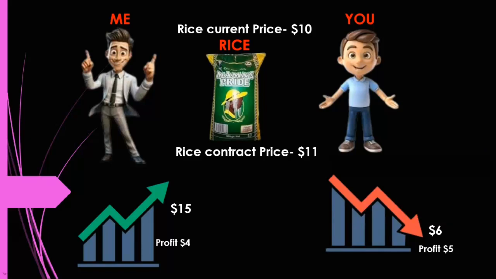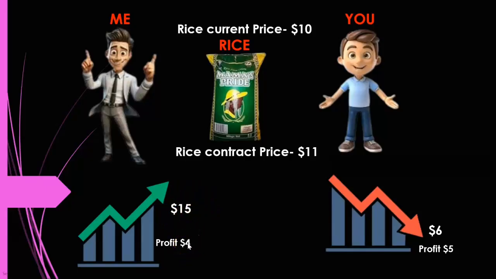Now let's assume that the price of rice went up to $15 in December. Don't forget that we have already signed a contract, which means that you must sell this rice to me at $11. If you sell that rice to me at $11 and the market price is already $15, I've made how much profit? I've made $4 as profit.